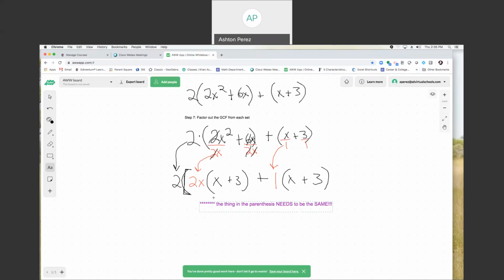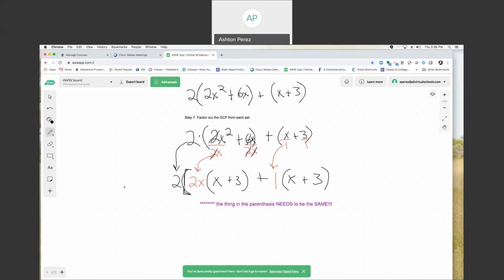Okay, so notice we have an x plus 3 and an x plus 3 in the parentheses. That's good. If they're not the same, then something went wrong. Okay, and we have to go back and check our steps. So we want these two things in the parentheses to be the same. And the reason being is because on step 8, we're going to pull out the GCF again.